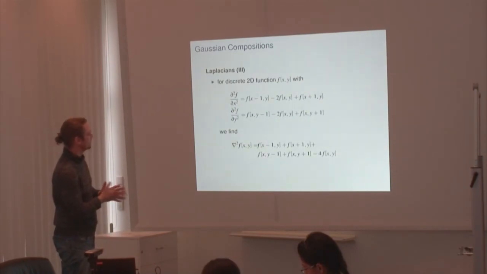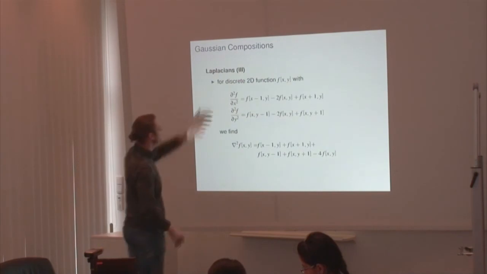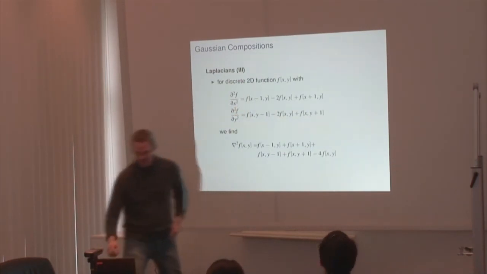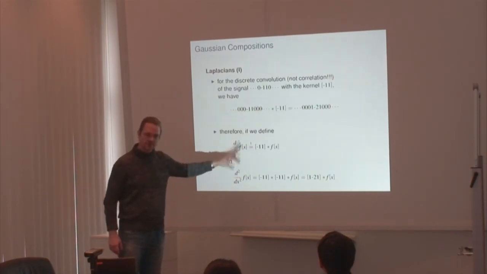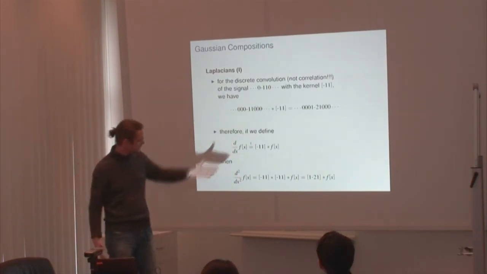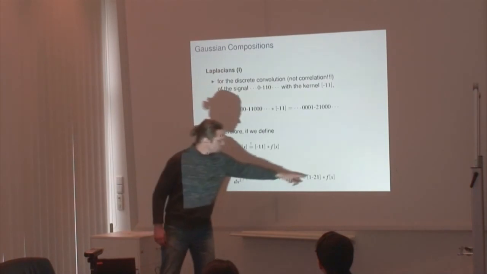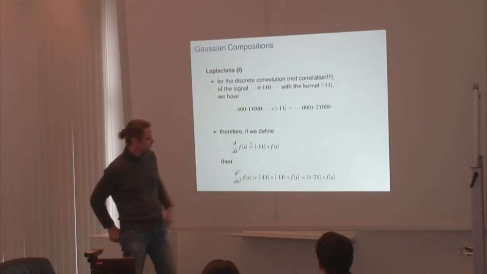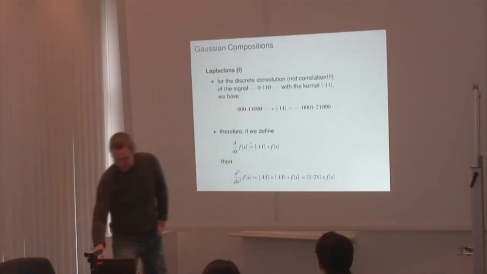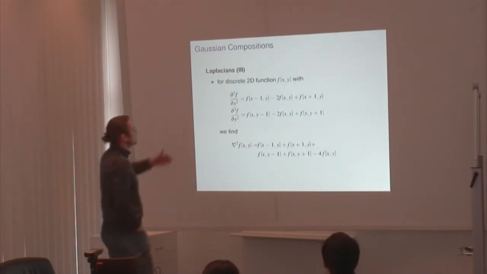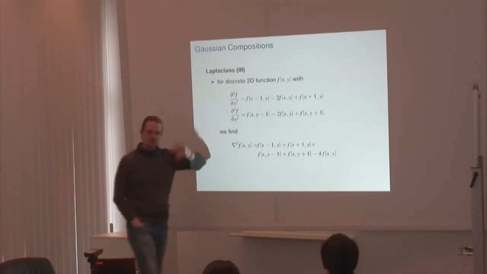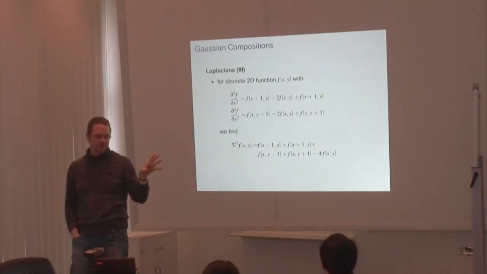If we were to use what we just learned about the second derivative of a discrete signal, we can think of it like that. There are other ways, but this is one way of thinking about the second derivative, convolution with this mask. And we do this for two-dimensional functions. In the example prior, it was just one-dimensional, right?